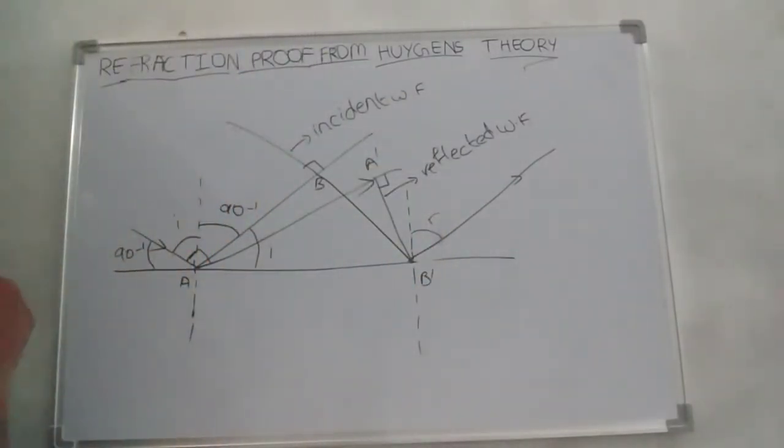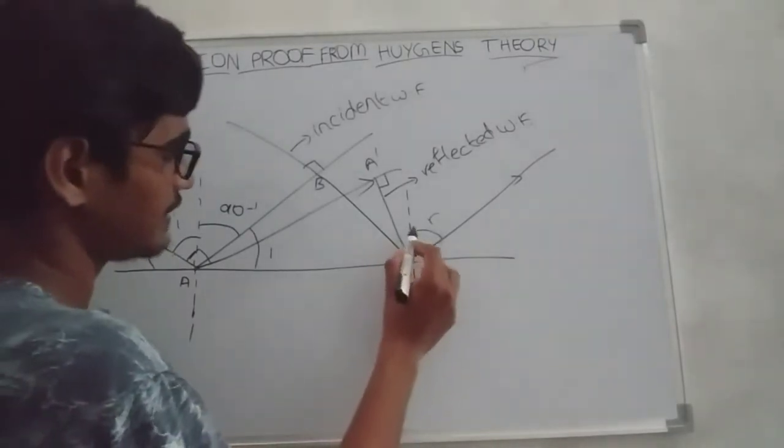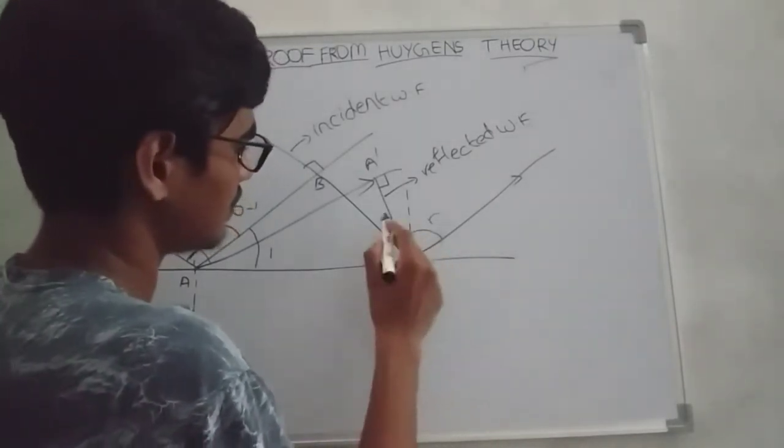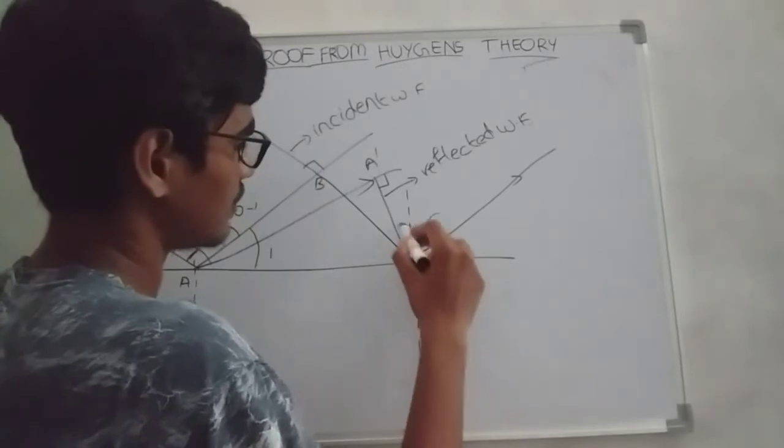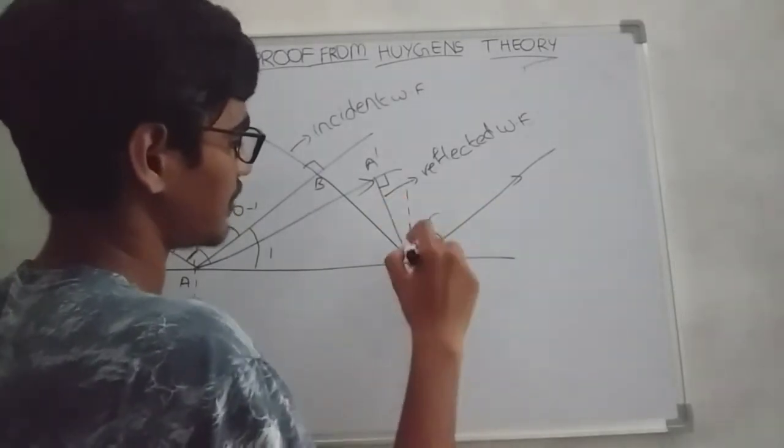Here this angle is 90 degrees because it is the angle between ray and wavefront.